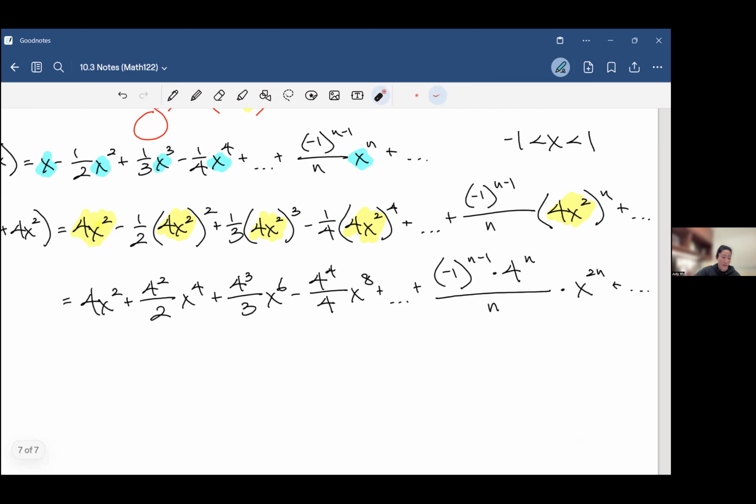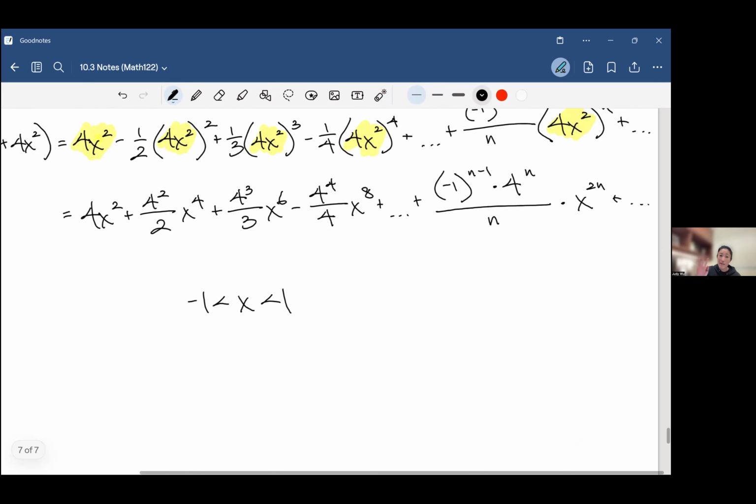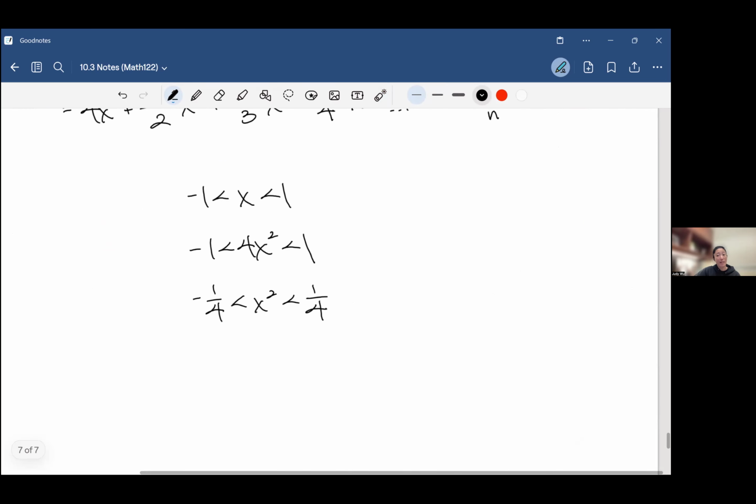Okay? All right, now let's come back and do that substitution for our interval of convergence. So instead of negative 1 sandwiching x, I'm going to have negative 1 sandwiching 4x squared. And the first thing I'm going to do is divide the 4 away from both sides. Okay. And then I'm going to take the square root of both sides. And the square root of 1/4 is actually 1/2.